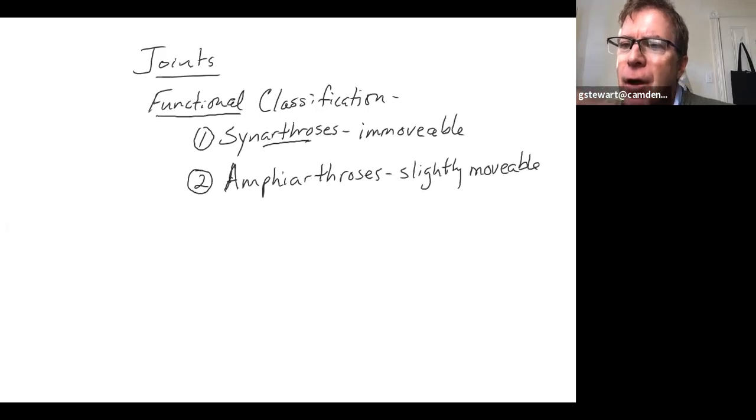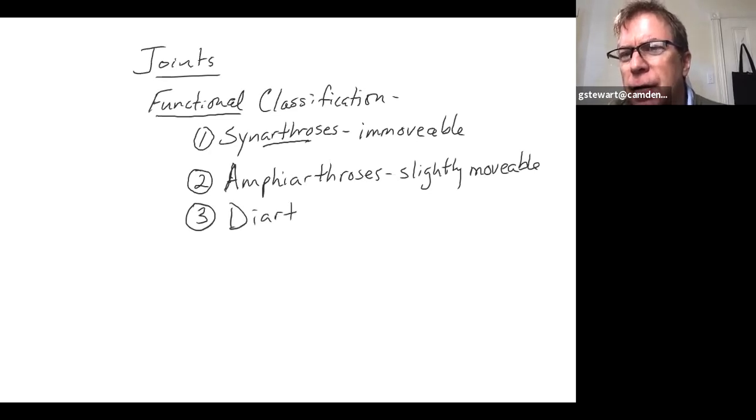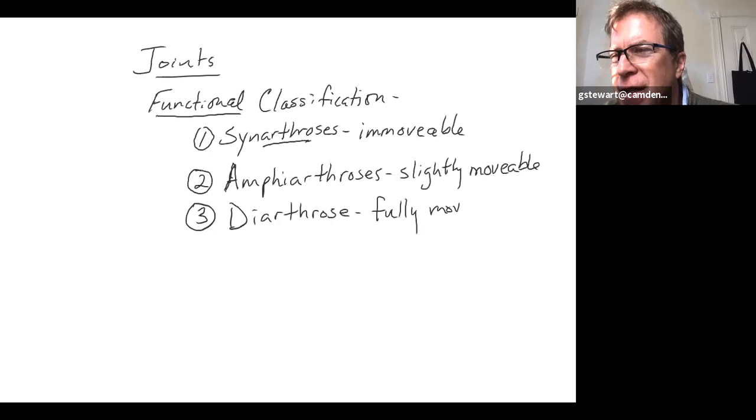So some amphiarthrotic joints barely move at all. Others move more within that category. Last one, number 3, are diarthroses. These are fully movable. They're what you and I mostly think of when we hear the word joint, because those are the things that we see move and that we move by conscious control every day.